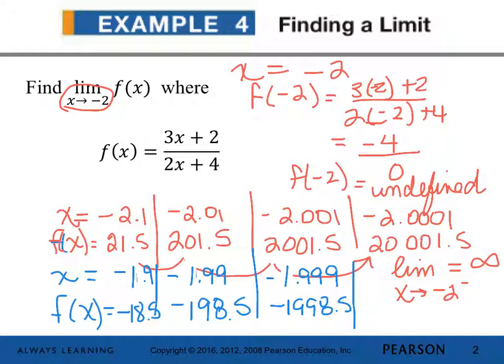So if you notice here, what's happening is we're getting more and more 9s in there, which means that number, once again, the limit as x approaches negative 2, but from the right, is also infinity, but because of this negative sign, the value for approach from the right is negative infinity.